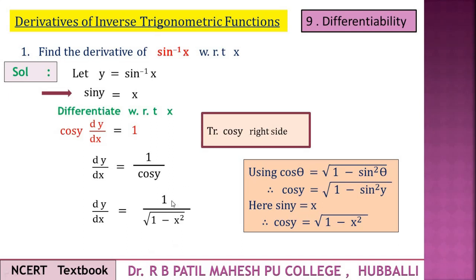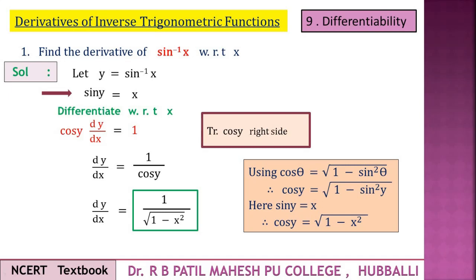Now this is the derivative of the sine inverse x function. Remember this answer. If you get this function anywhere and you are writing its derivative, you have to write 1 divided by root of 1 minus x square.